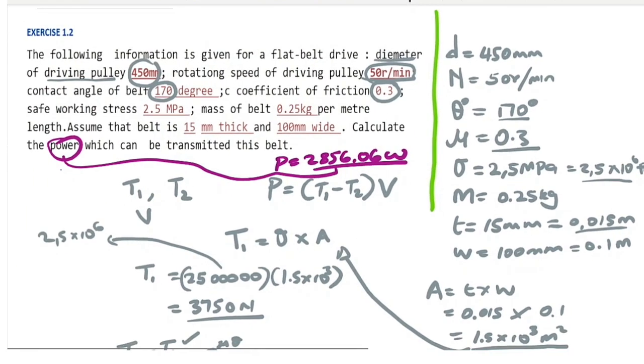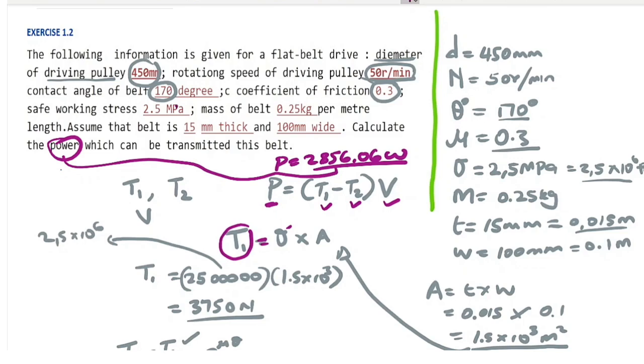So recap on this problem. This problem, we've been looking for a power transmitted. So to find this power, we have to find tension 1, tension on the tight side, tension on the slack side, and the velocity. So we firstly find tension 1 using this formula, which involves the stress.